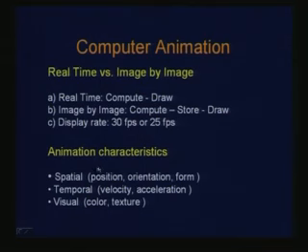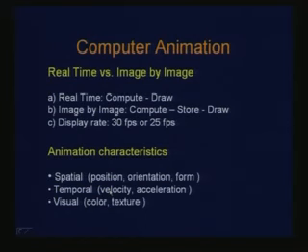Now, if you look at the characteristics of animations, there are 3 primary characteristics which contribute towards animation. For instance, I may have spatial characteristics, which basically says that things like position, orientation, shape, form are going to change. That is what we mean by spatial characteristics of animation.